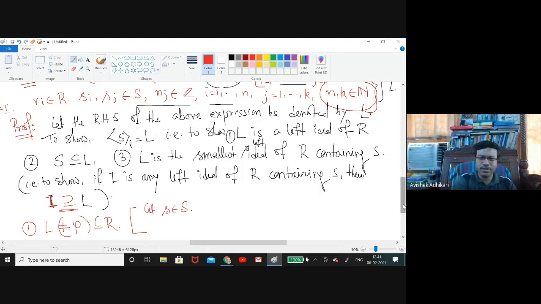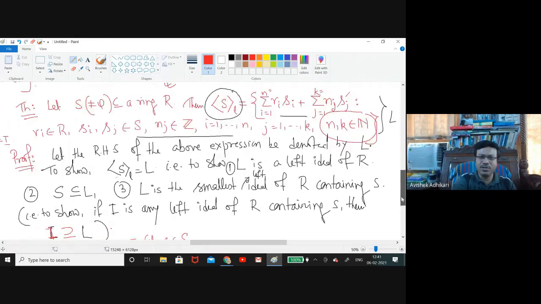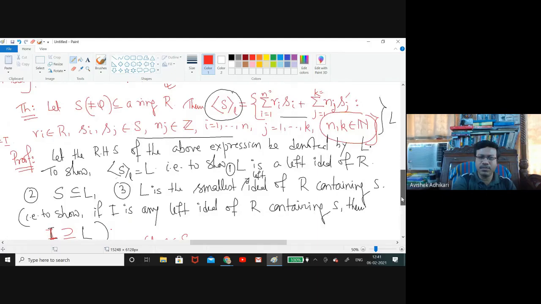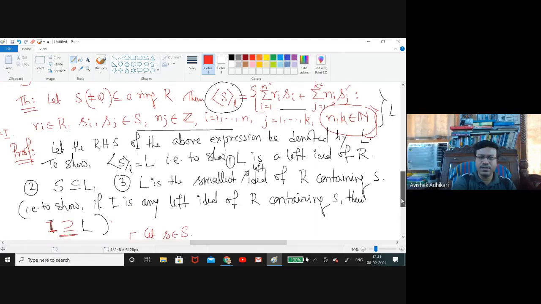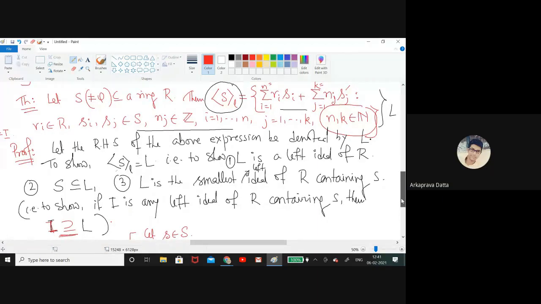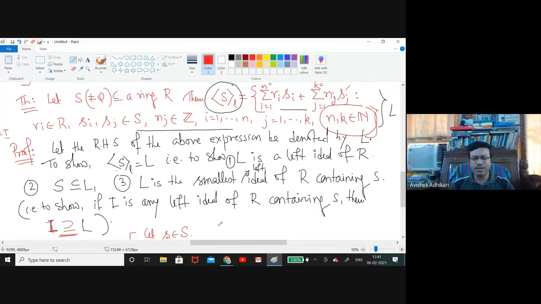Then you need to write s in terms of this. How can you write s in terms of this? I should take a equals 1 for the coefficient of s, and then the rest of them are 0. Okay, what you are telling is 1 into s plus 0 into s dash.